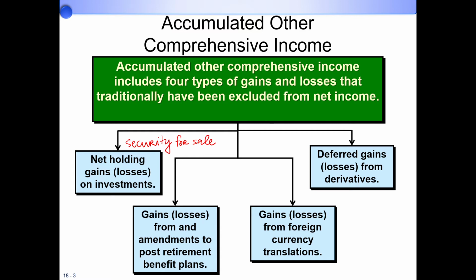The second item of other comprehensive income is also unrealized gains or losses, from amendments to the post-retirement benefit plan. We're talking about the pension plan.